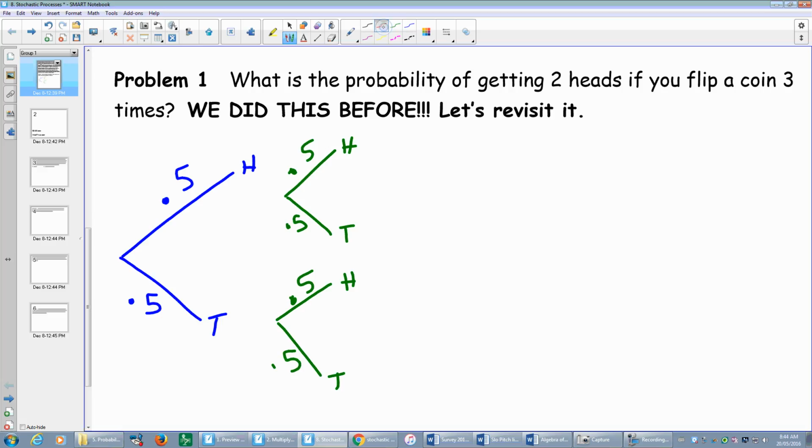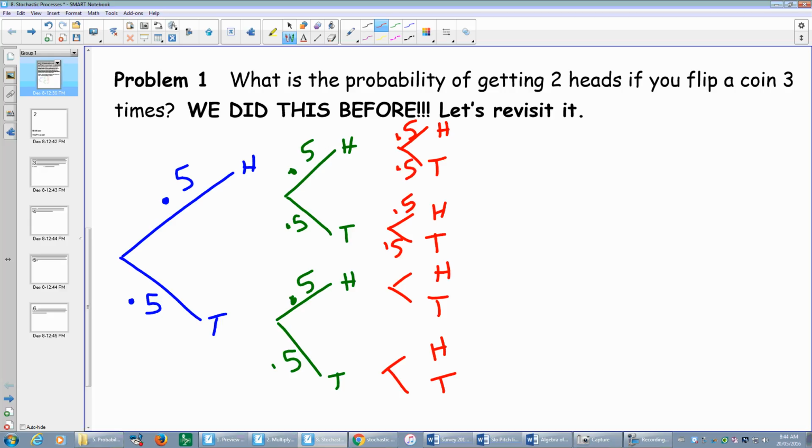Then I can go to my third flip of a coin: head, tails, head, tails, head or tails, head or tails. And again, each one of these is represented by 50%.